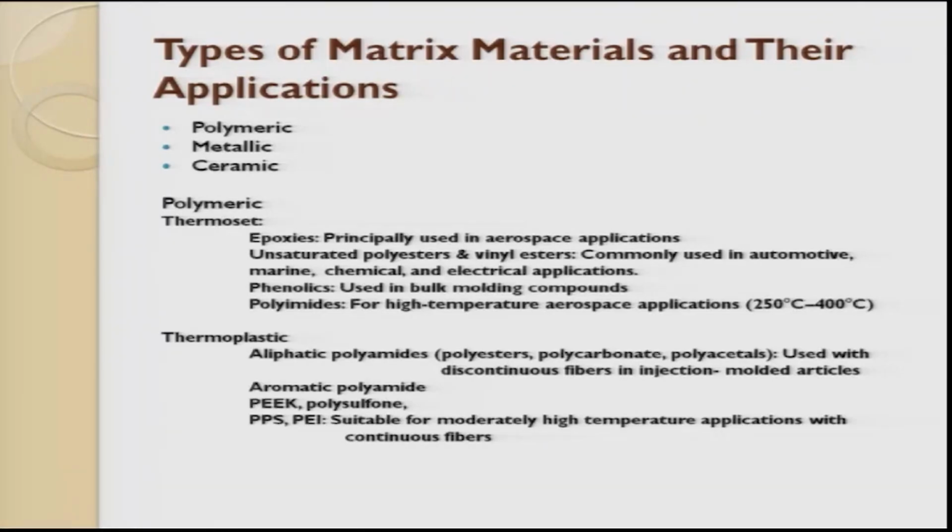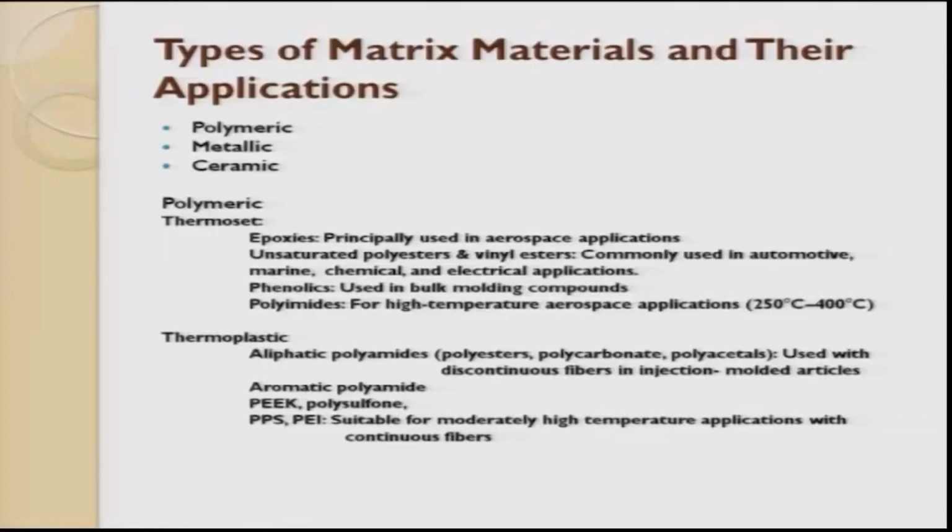You have phenolic resin, which is used for bulk molding components, that means thick components. You have polyimides, which are for high temperature aerospace applications, from 250 degrees Celsius to 400. That is the typical temperature we are working with. It is not that thermosets are always room temperature; slightly higher temperatures are also used.